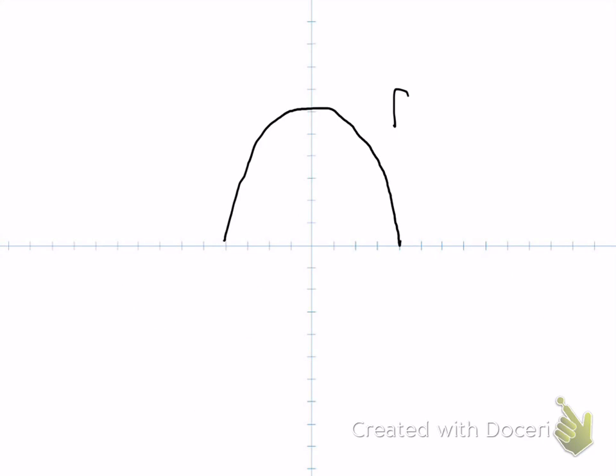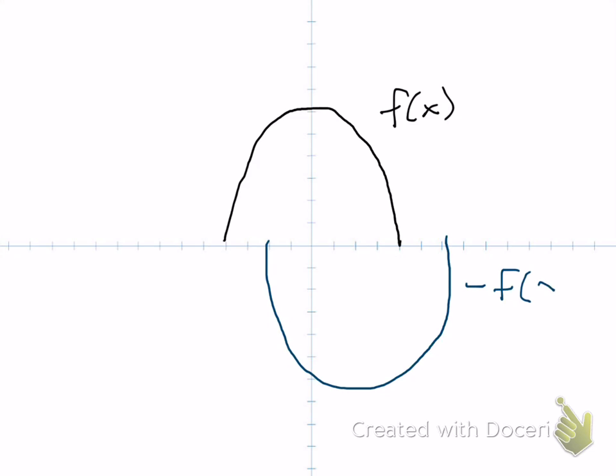Let's look at another one. If this is f of x, then what about this graph here on the bottom? Well, the first thing I notice is the whole thing has flipped upside down. So that tells me there's going to be a negative here. So now I actually have, this is the equation for the graph in blue.